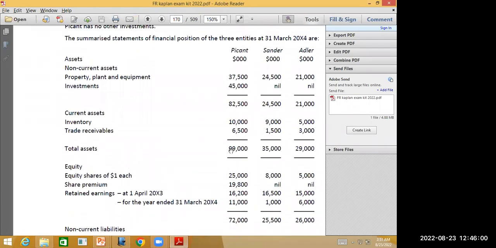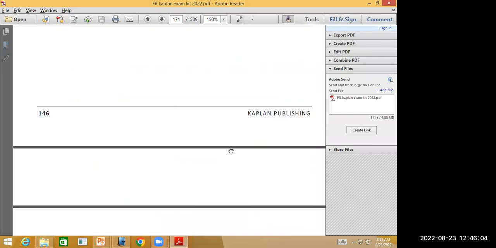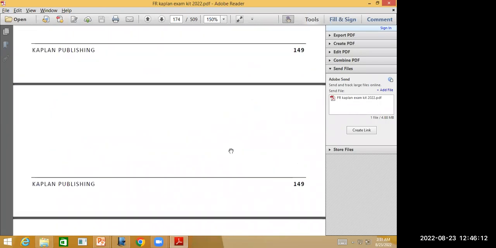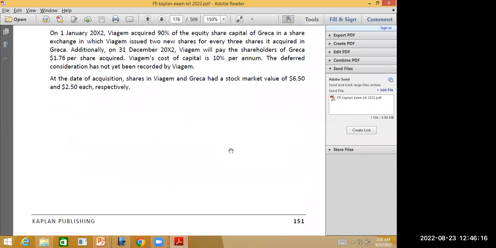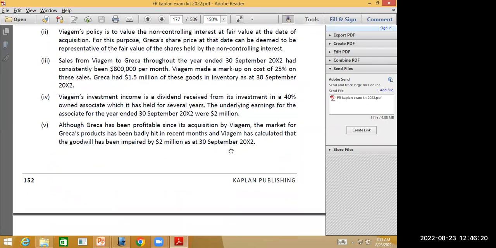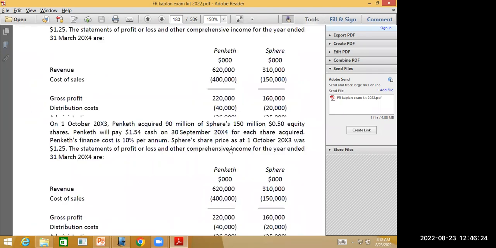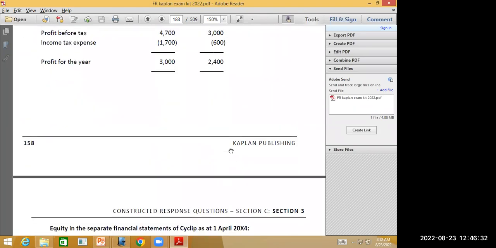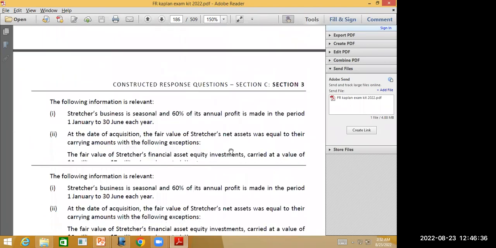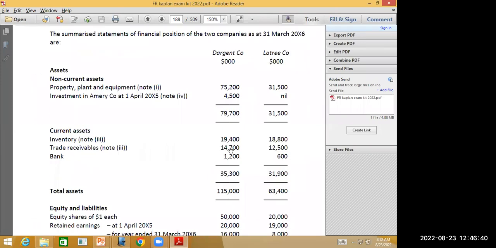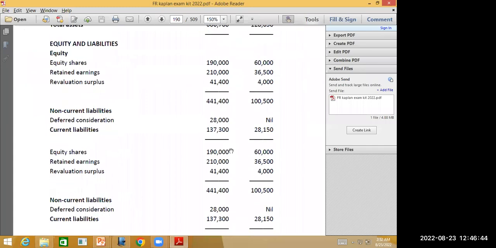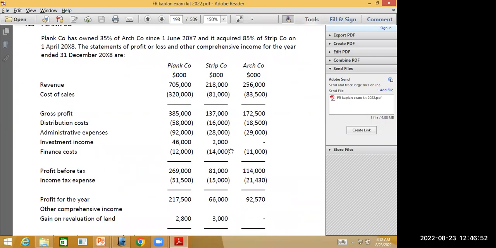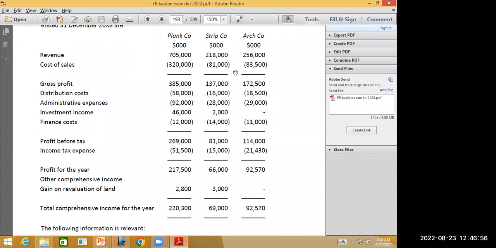Okay. We are doing one more question. The name of the question is Plank, where we have parent, subsidiary, and associate company.